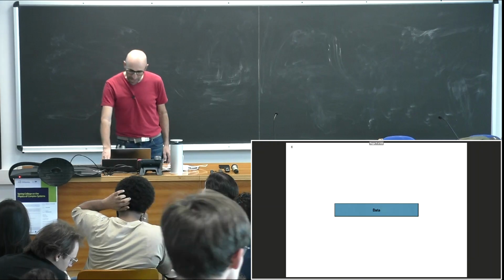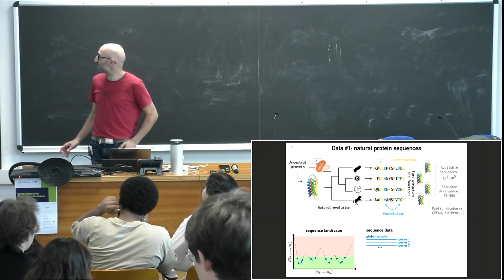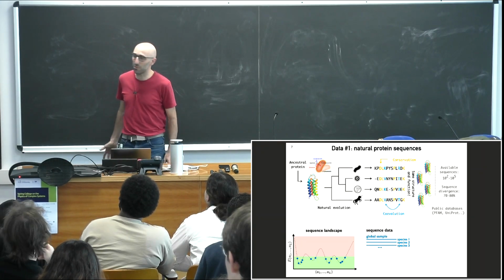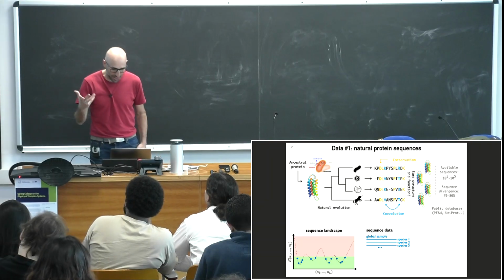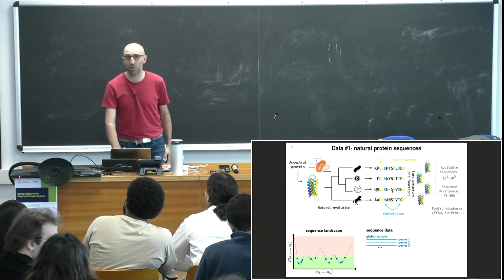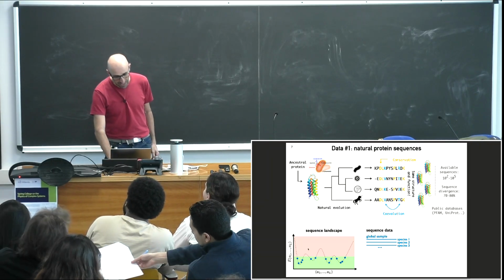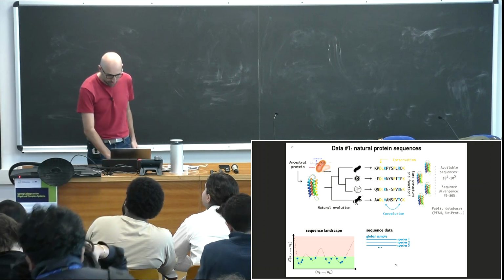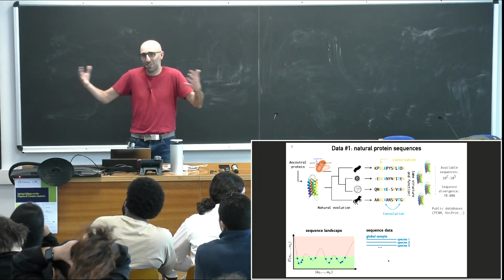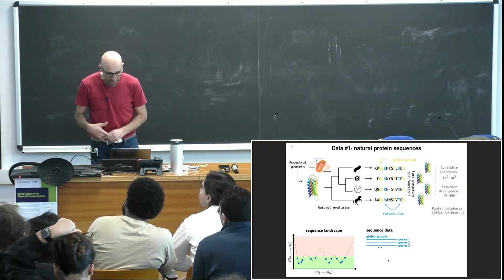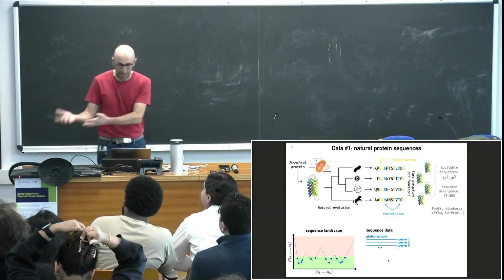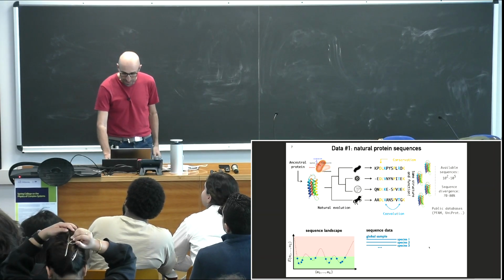Okay, so I made yesterday an overview of the kind of data we have. I will not repeat everything, but just very quickly. We have data from natural evolution, from which we can obtain information at large scale on the space of possible sequences that are associated to a given function.